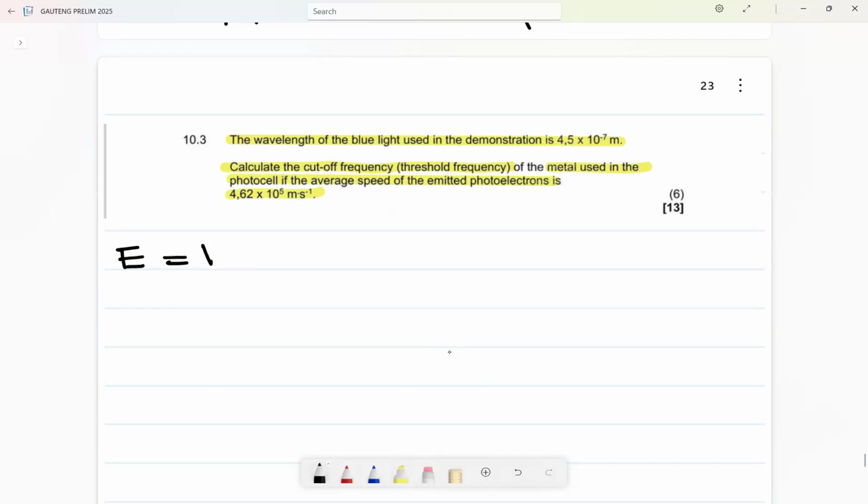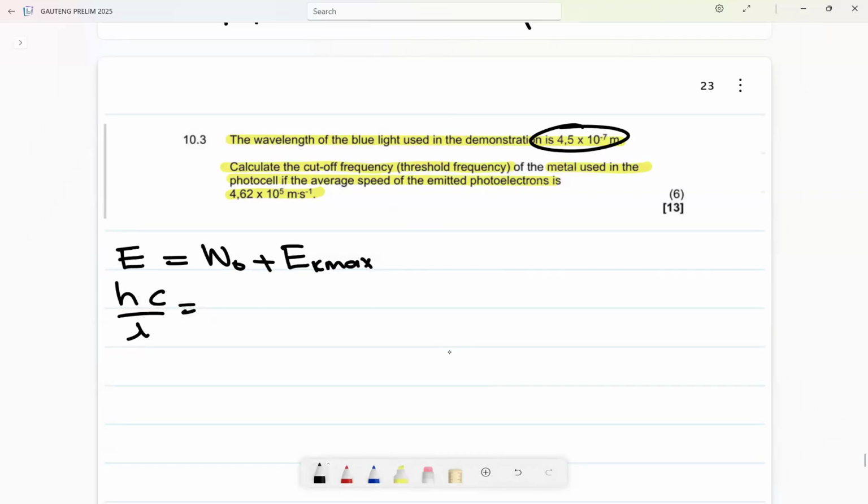So E is equal to the work function plus EK max. And now we are given what? A wavelength. So we know energy can be represented as hc divided by the wavelength, because now we are rather given the wavelength. If we were given the frequency, we would just say it is hf. It is equal to, we want what?